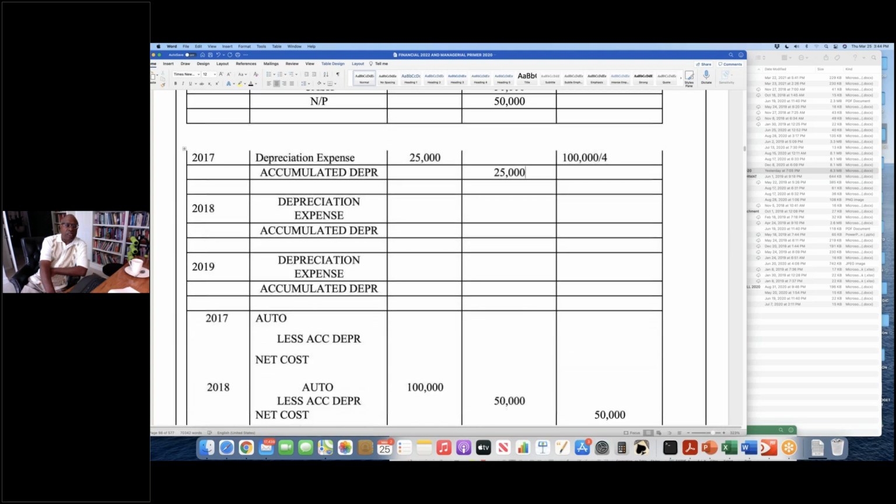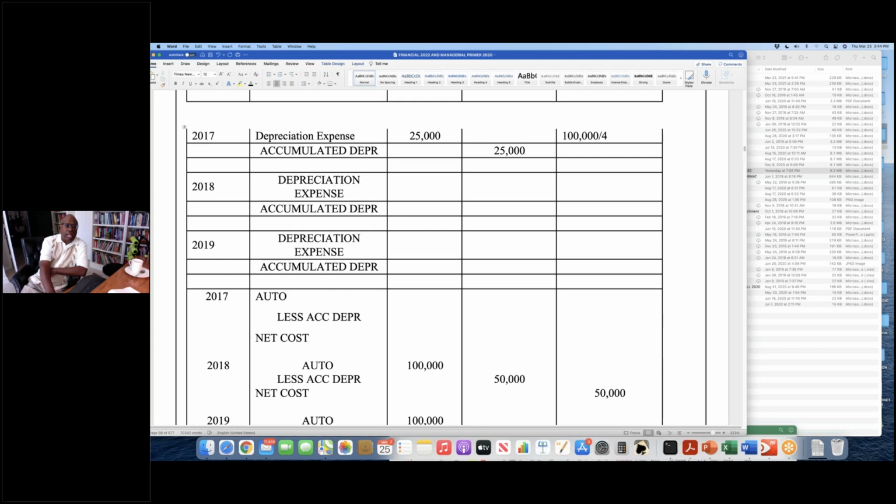So at the end of the first year, the autos would be at 100,000, and the accumulated depreciation would be 25,000. So the net cost left would be what, 75,000?